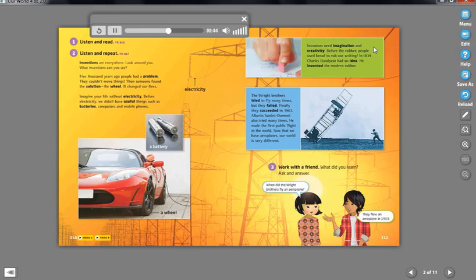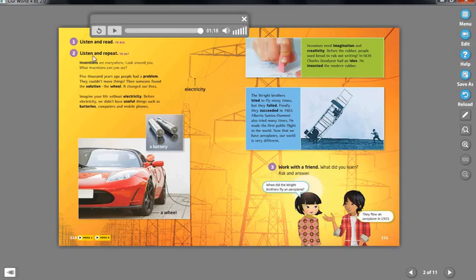Before the rubber, people used bread to rub out writing. In 1839, Charles Goodyear had an idea. He invented the modern rubber. The Wright brothers tried to fly many times, but they failed. Finally, they succeeded in 1903. Alberto Santos Dumont also tried many times. He made the first public flight in the world. Now that we have aeroplanes, our world is very different.